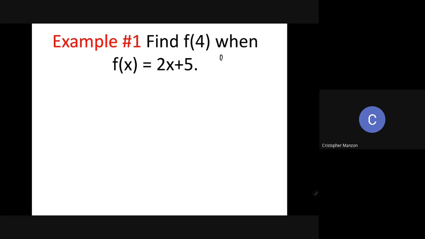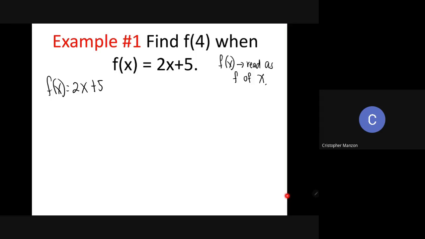Ito pong symbol na to, babasahin mo po siya as f of x. Yun po ang basa niyan. F of x. Kung G yan, G of x. Kung H, H of x. So, f of x is equal to 2x plus 5.